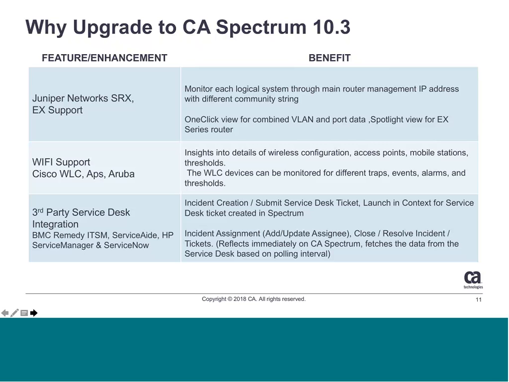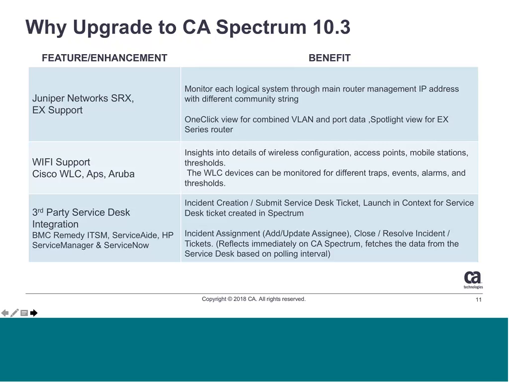We also have third-party service desk integration, which is important because now you're able to have incident creation, submit service desk ticket and launch in-context service desk tickets for Spectrum. Again, it includes incident assignment, add, update, close, resolve incident tickets: BMC Remedy, ServiceNow, HP Service Manager, and ServiceNow.